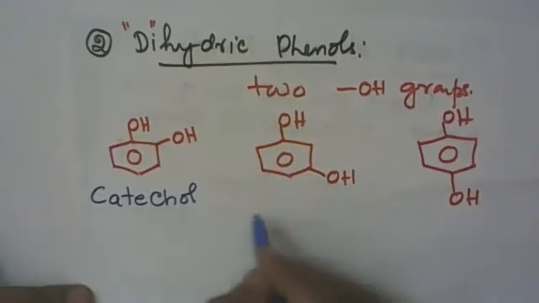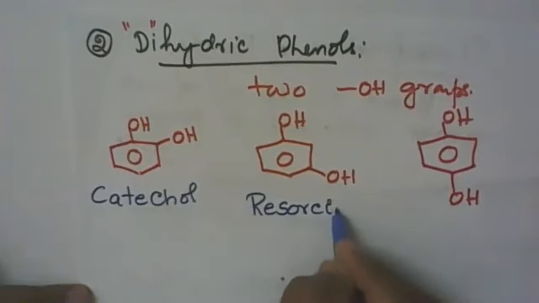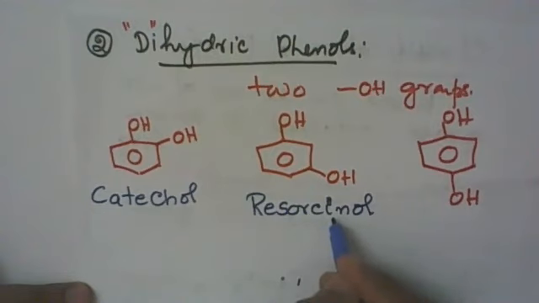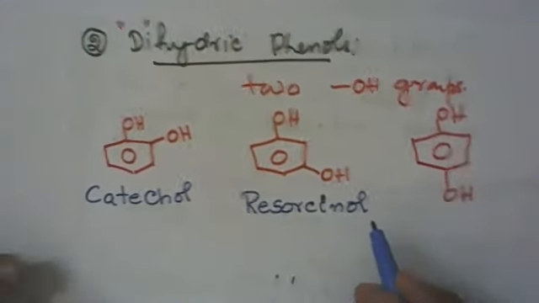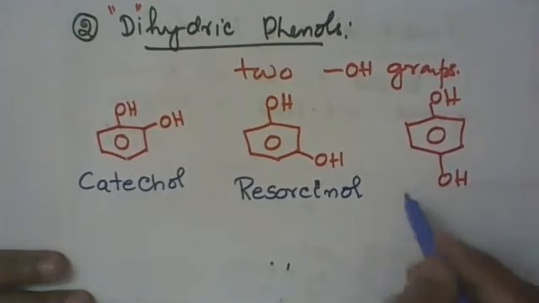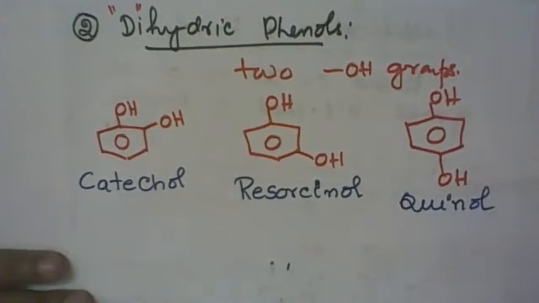Meta to each other is called resorcinol, R-E-S-O-R-C-I-N-O-L. And the last one, para to each other, is called quinol.